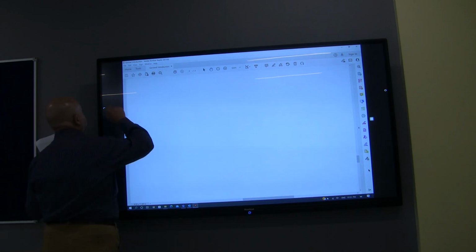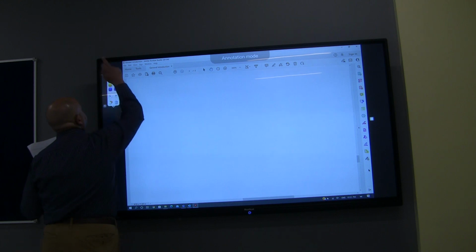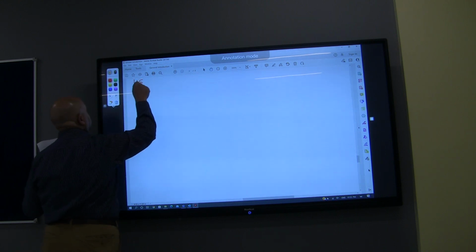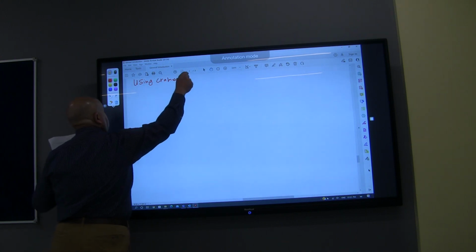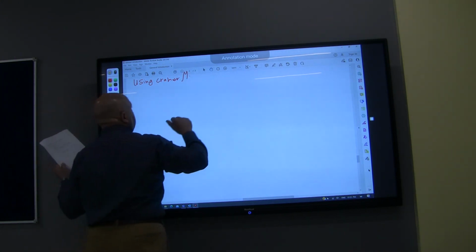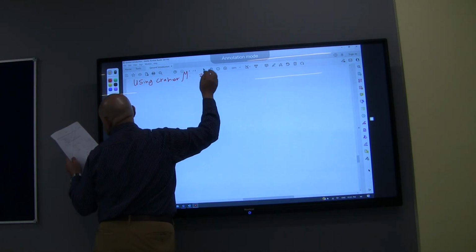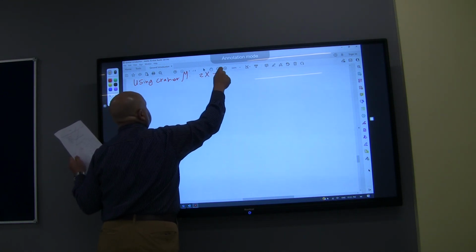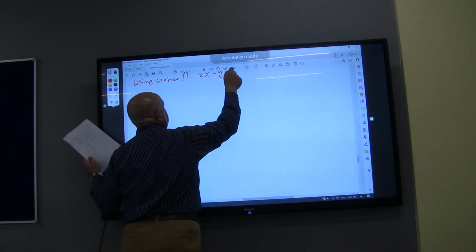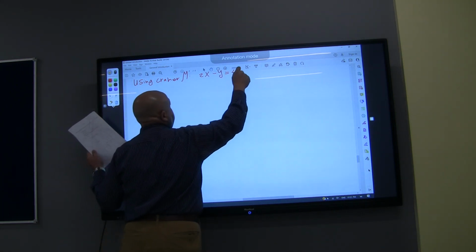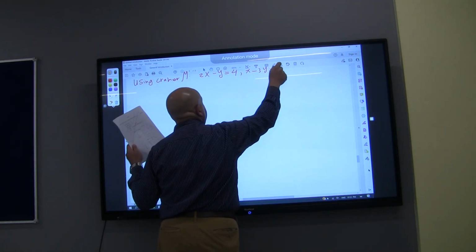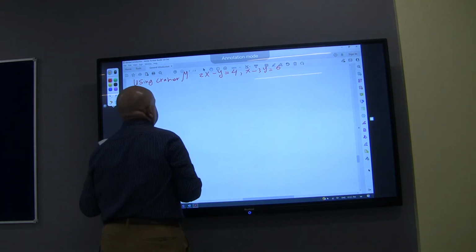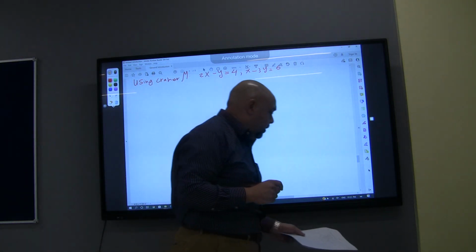Here it says, using Cramer's method, try to solve the following equations: 2x minus y equals 4, and x minus 3y equals 6. So I want to solve using Cramer's method.